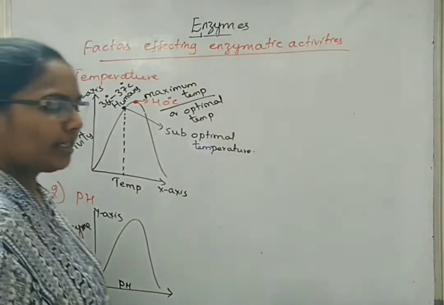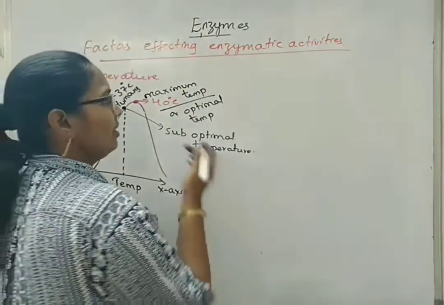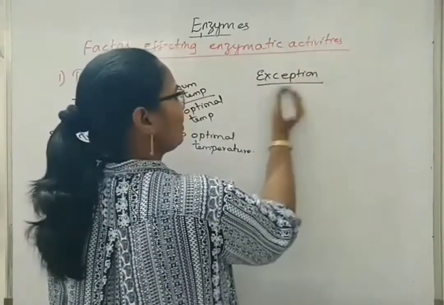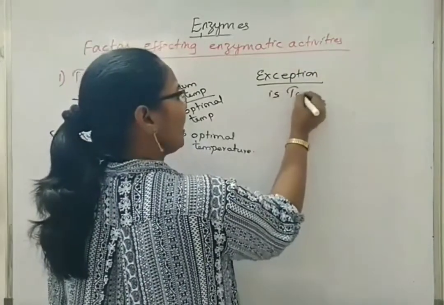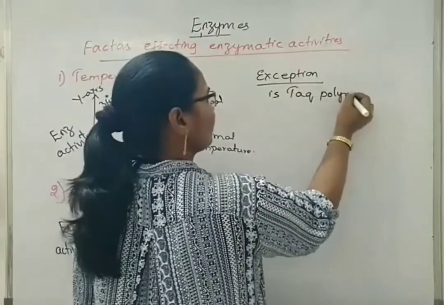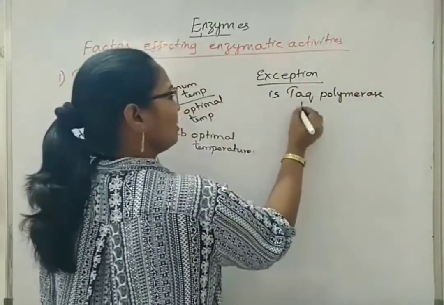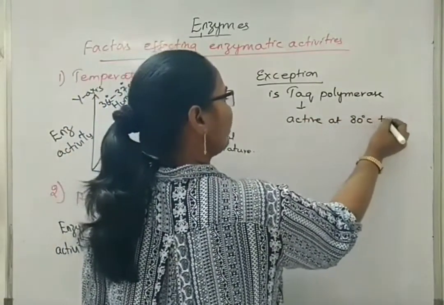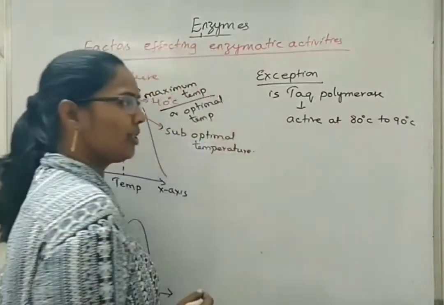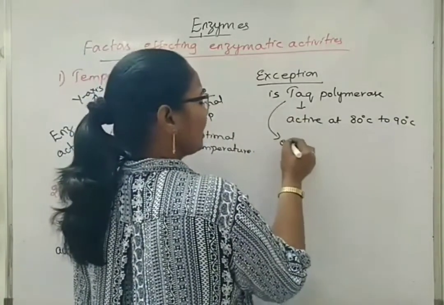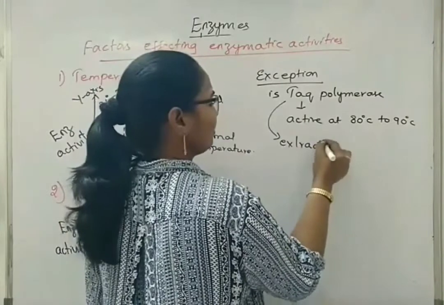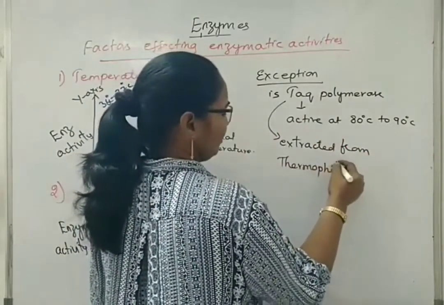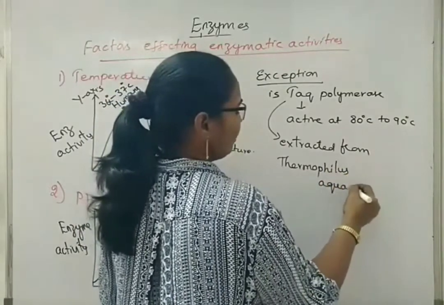Different enzymes act at different temperatures, but the exception we have already discussed, and I will remind you one more time. The exception is Taq polymerase. It is active at 80 to 90 degrees centigrade, and is extracted from Thermus aquaticus bacteria.